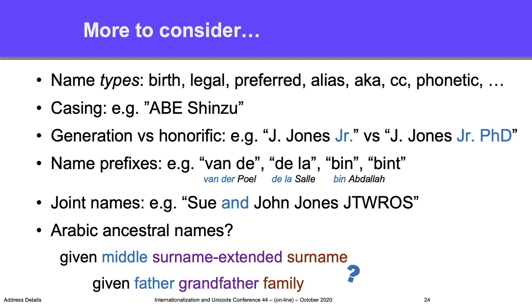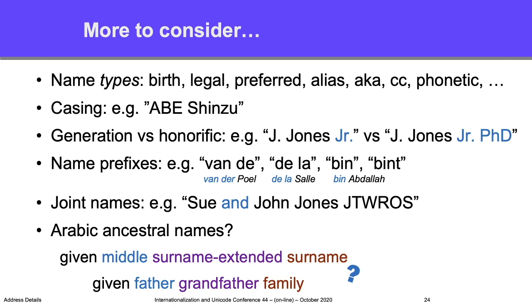Things that we'll need to consider and have answers for is how would name types be handled, such as a birth name, a legal name, preferred name, and these we feel would just be different name objects. How would we handle casing, such as in Japan, the government has asked that the Latin representation of Japanese names should have the surname first with the surname capitalized.